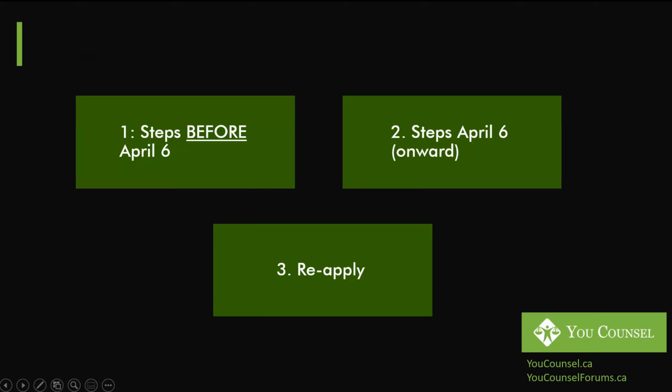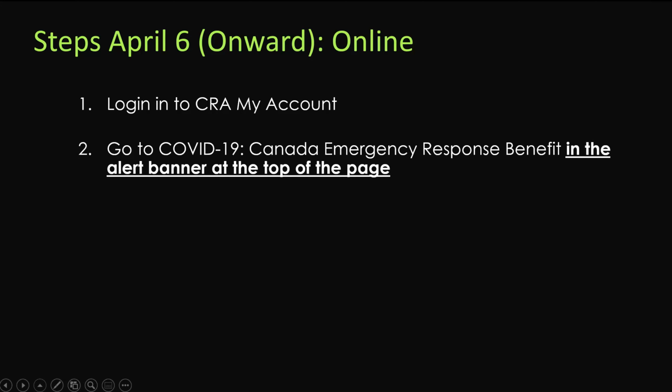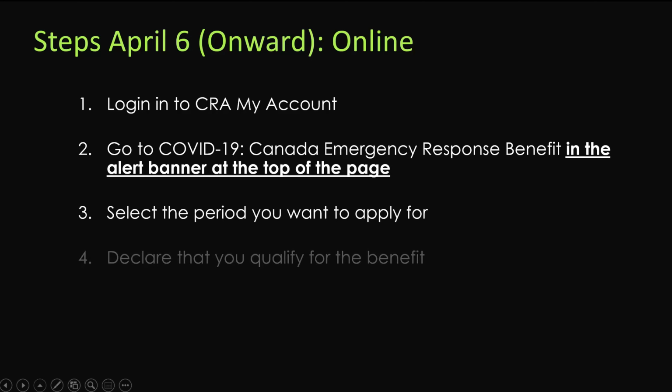What are the steps you take when April 6th comes or onwards? If you're using the online system, then you need to log into CRA My Account. Then you go to this COVID-19 Canada Emergency Response Benefit. It is in the alert banner at the top of the page. So look for it, go click on it, select the period for which you are applying, declare that you qualify for the benefit.